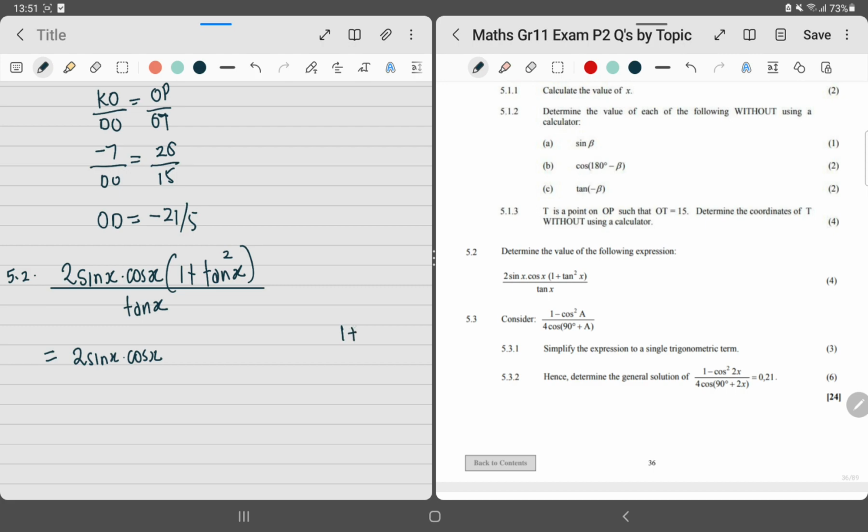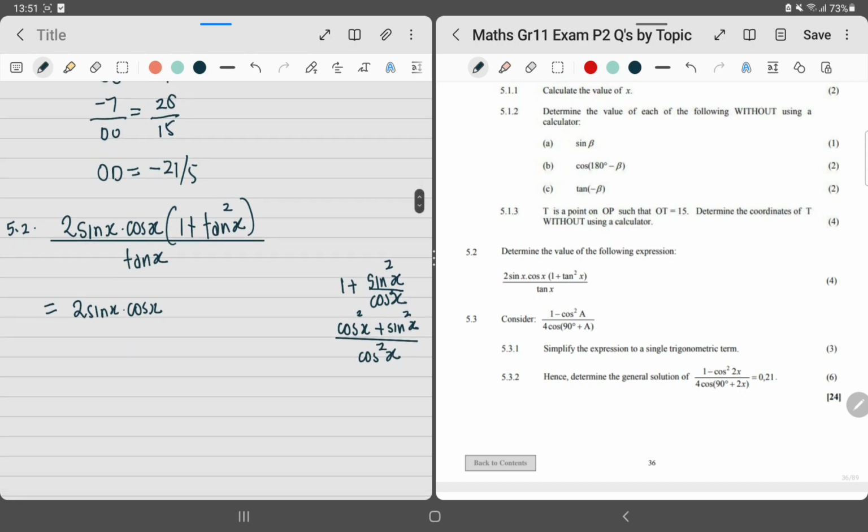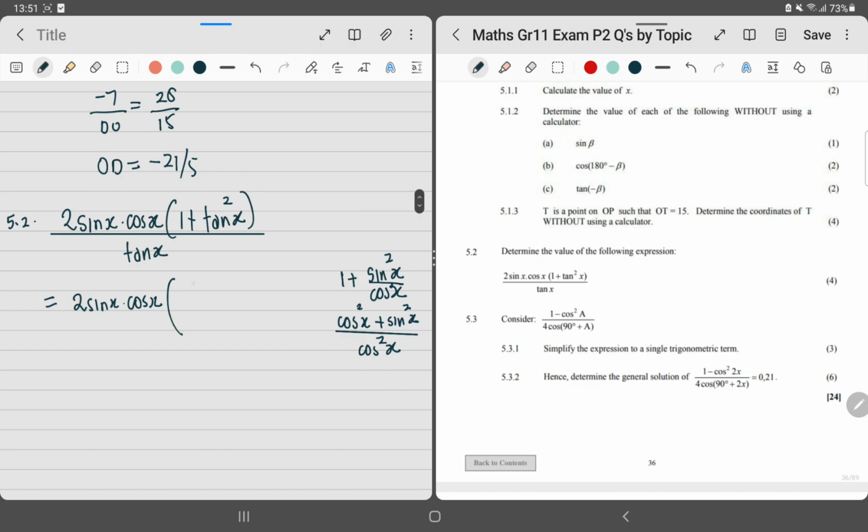So this will be 1 plus, and tan squared is given by sine squared x over cos squared x. And then this will be cos squared x plus sine squared x all over cos squared x. So that's what I'll be left with inside of there.